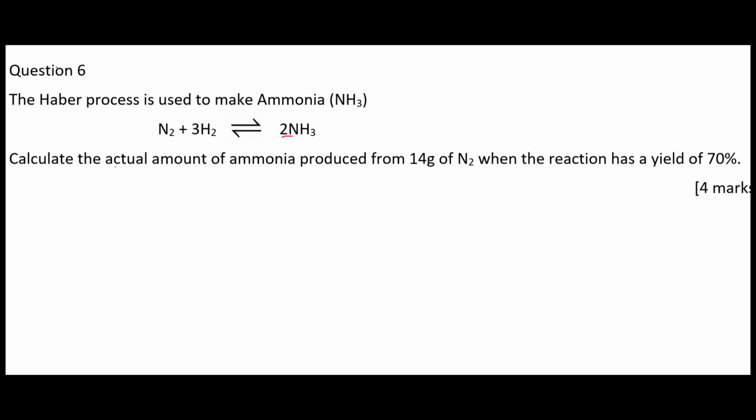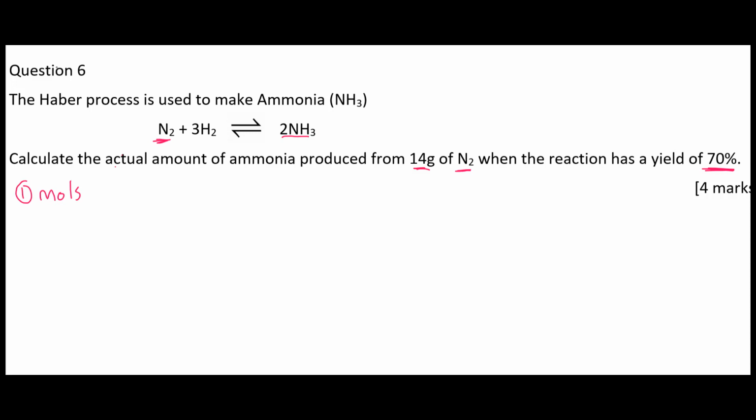Remember, this is ammonia and this is our nitrogen. We're asked to calculate the actual amount of ammonia produced from 14 grams of nitrogen when the reaction has a yield of 70%. Well, first things first, like most calculations in chemistry, let's work out the moles.